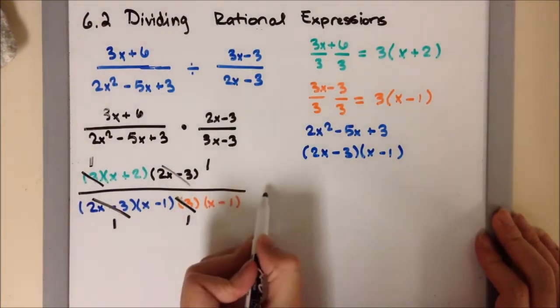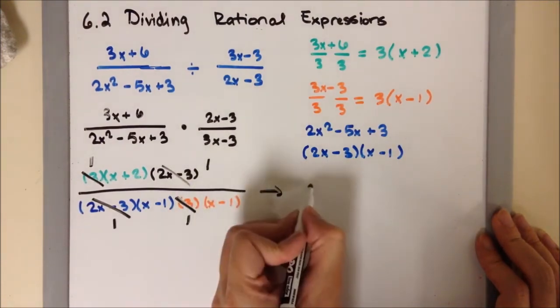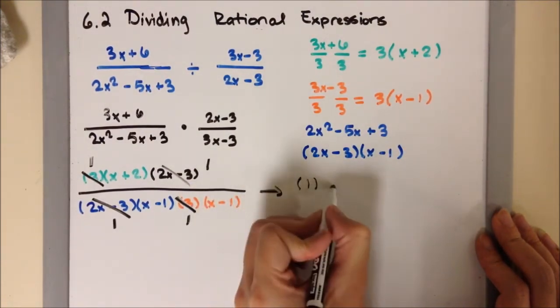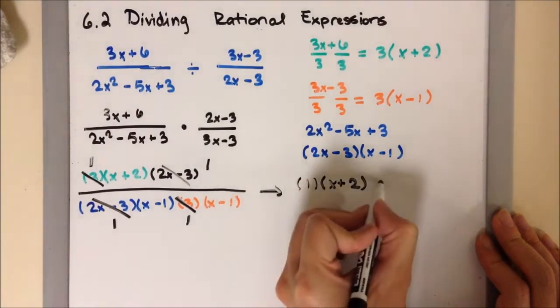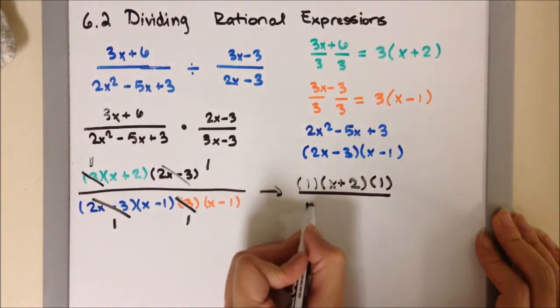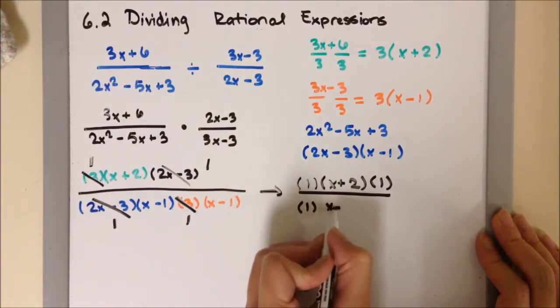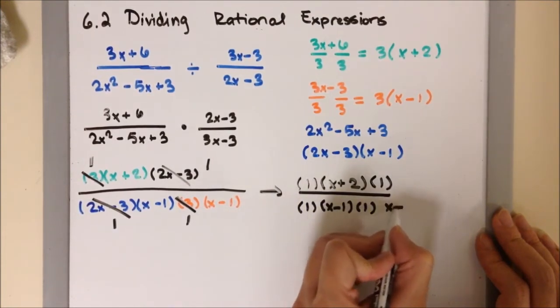Alright. So we have 1 times x plus 2 times 1 over 1 times x minus 1 times 1 times x minus 1.